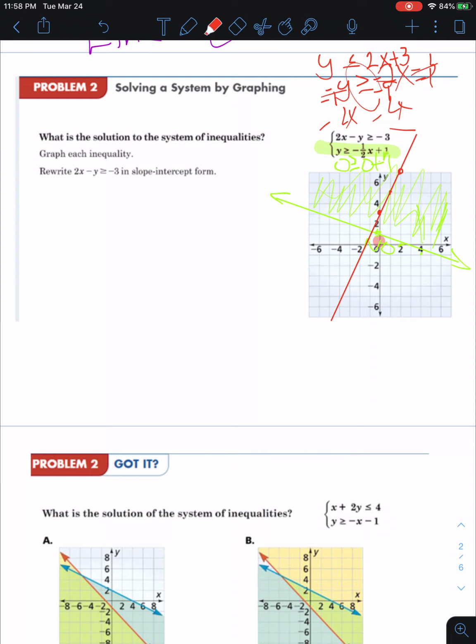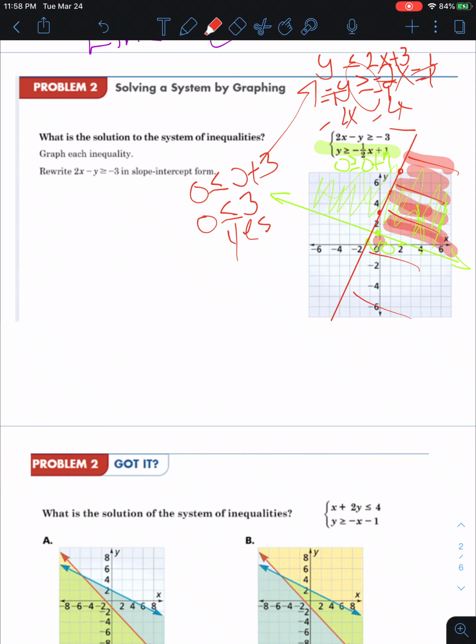So 0 less than or equal to 2 times 0, that's 0, plus 3. So it's 0 less than or equal to 3, and that's yes. So we would shade this side of our inequality.